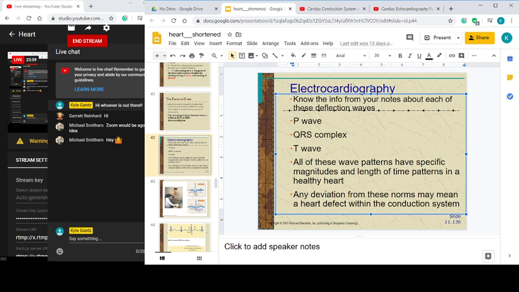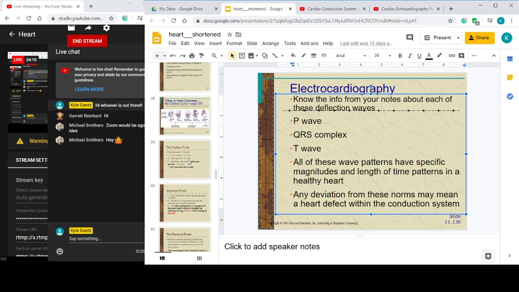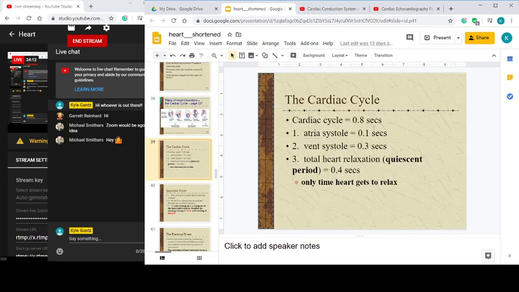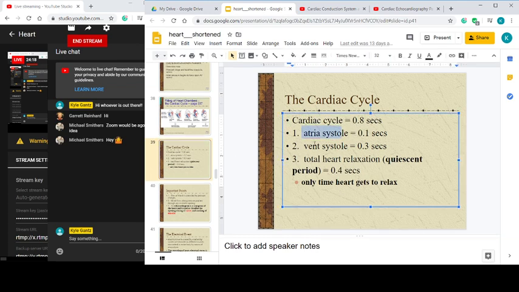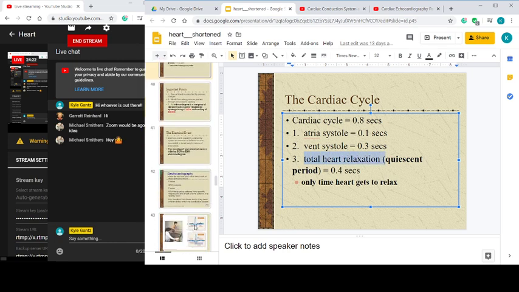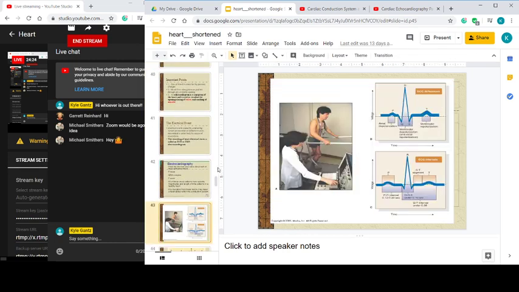Doctors, cardiologists that are really good, can just look at those and tell that something's not right, because we know that we should have certain time fractions in each event, and those are going to be represented by this complex here.